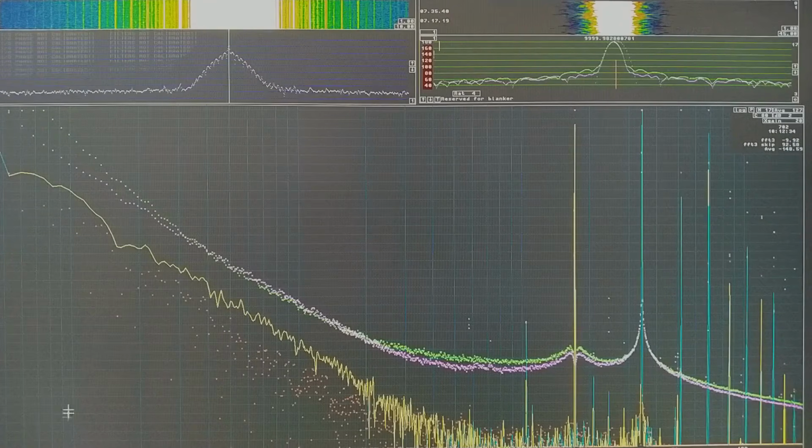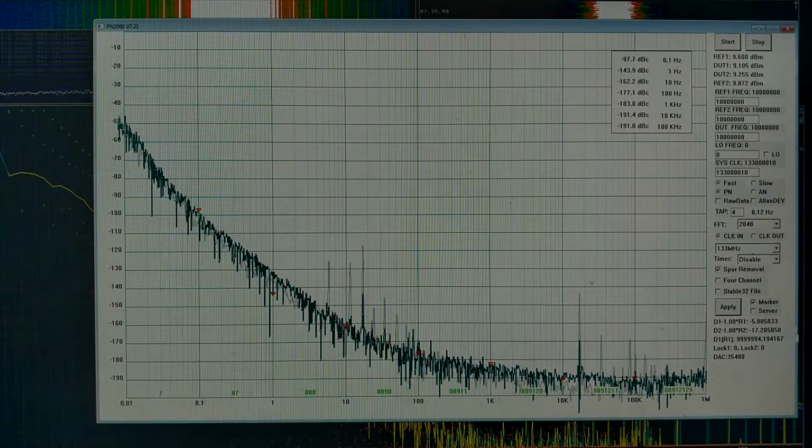I have been running this time also the PN2060 in parallel for the same time, and it shows a little bit worse than minus 100 dB, but minus 100 is reasonably correct. The value at 1 Hertz offset looks like before, but it's very noisy.